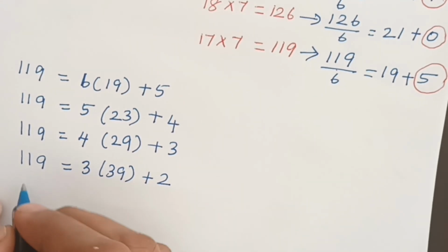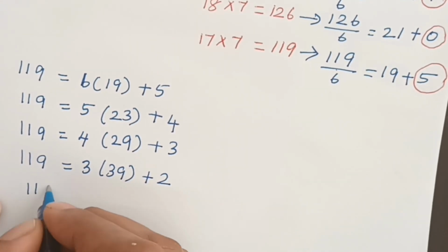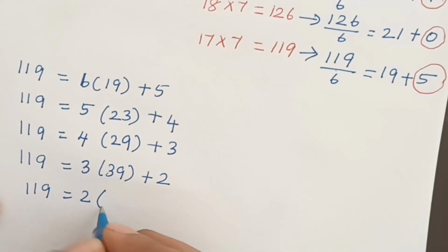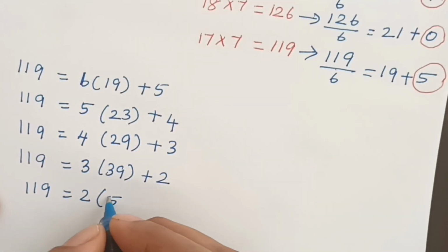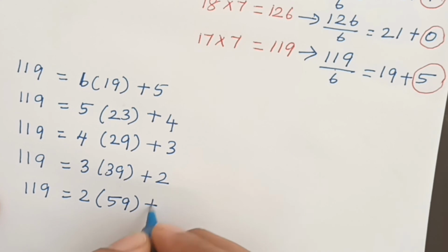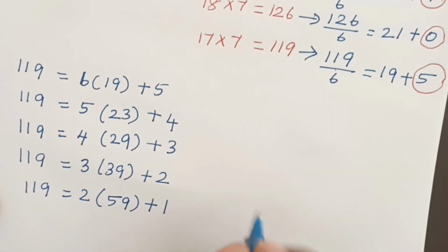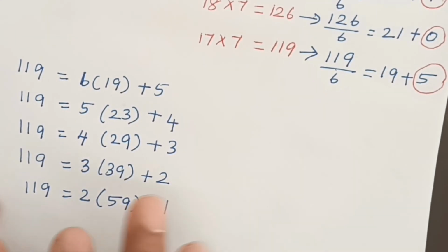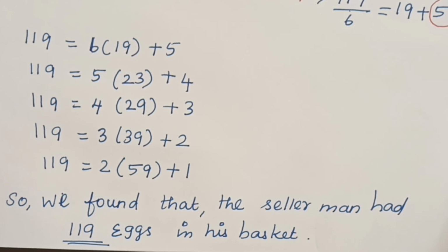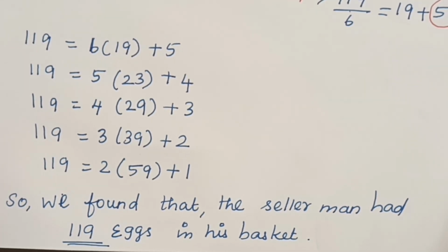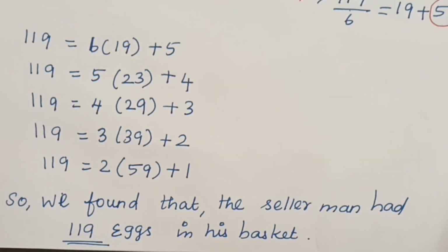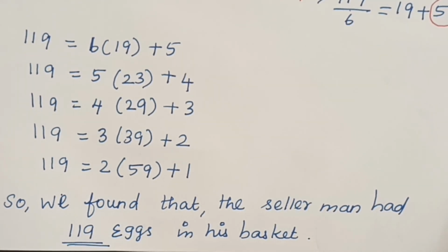If counted in pairs, the remainder we need is 1, and this also satisfies our criteria. So we found that the seller had 119 eggs in his basket by using Euclid's division algorithm.